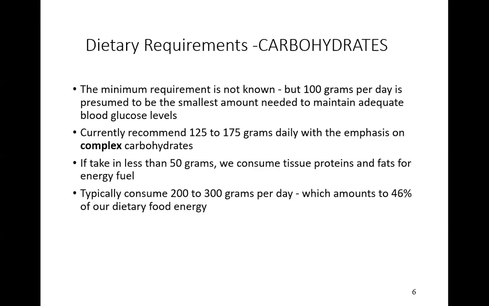Every food label will tell you how many grams of carbohydrates are in there. 100 grams is about 400 calories. You know, 1 gram of carbohydrates equates to 4 calories. So 100 grams gives you about 400 calories.